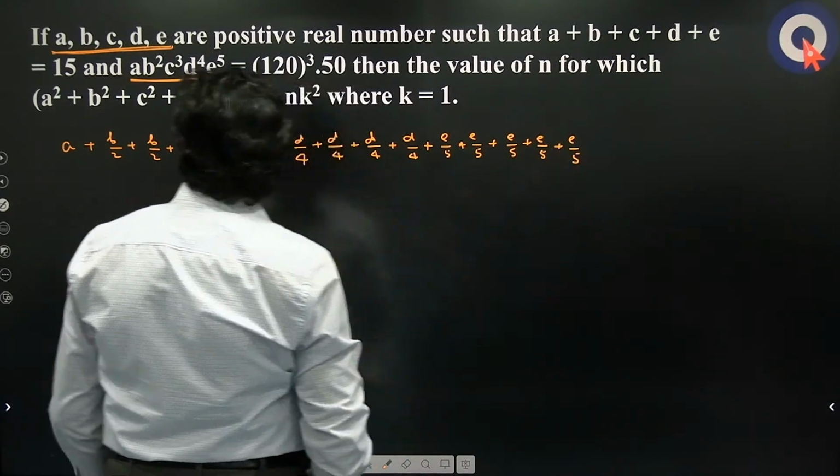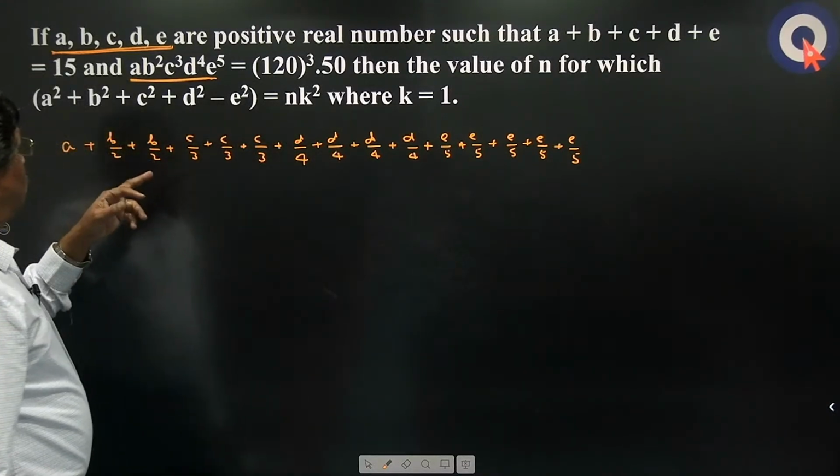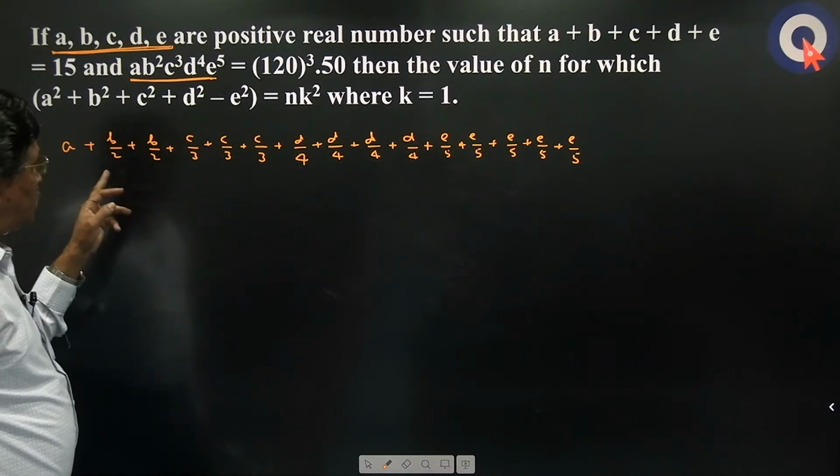So we shall consider 15 positive quantities, you can see.